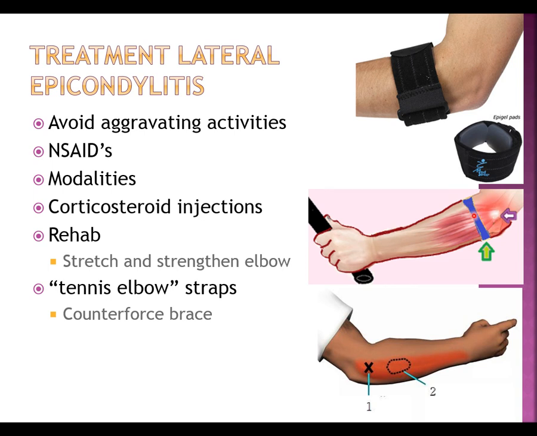Well, if we put this counterforce strap on, when we contract now, some of the force is actually being taken up by this counterforce brace because it's acting as a second insertion point. So some of the force is going in here, and some of it's still going along the muscle. But if we're able to take away some of the force that's going into the bone, then we should have some pain relief.